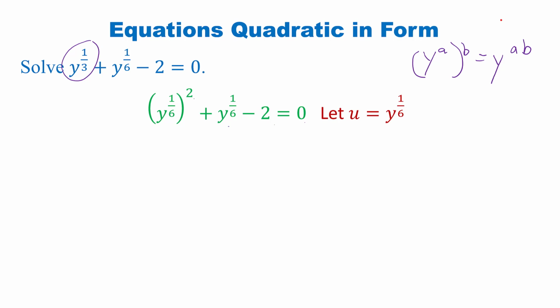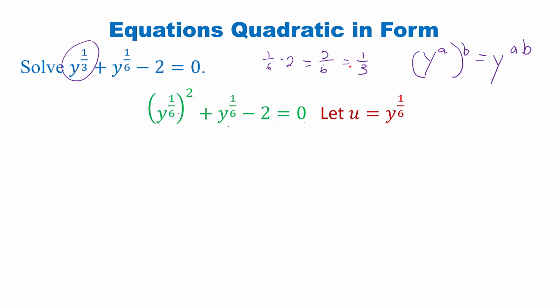And that's where you can verify here, y raised to the 1/6 squared is the same as y raised to the 1/6 times 2. 1/6 times 2 is 2/6 or 1/3. Okay, so we have y to the 1/6 squared plus y to the 1/6 minus 2 equals 0.